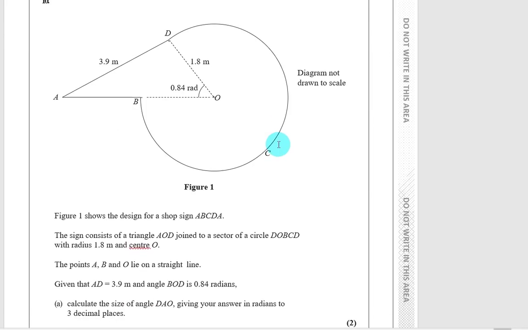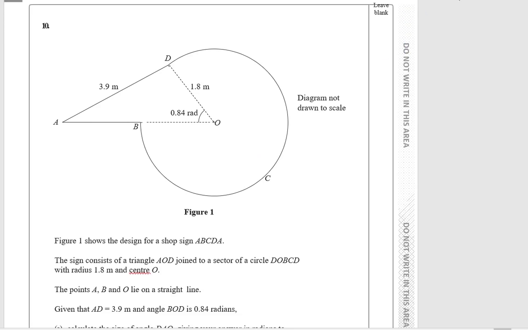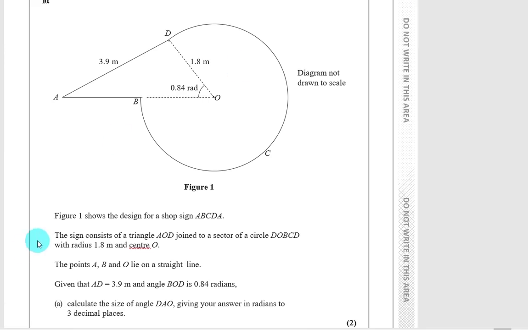Okay, let us go ahead to another question. Figure 1 shows the design of a shop sign ABCDA.